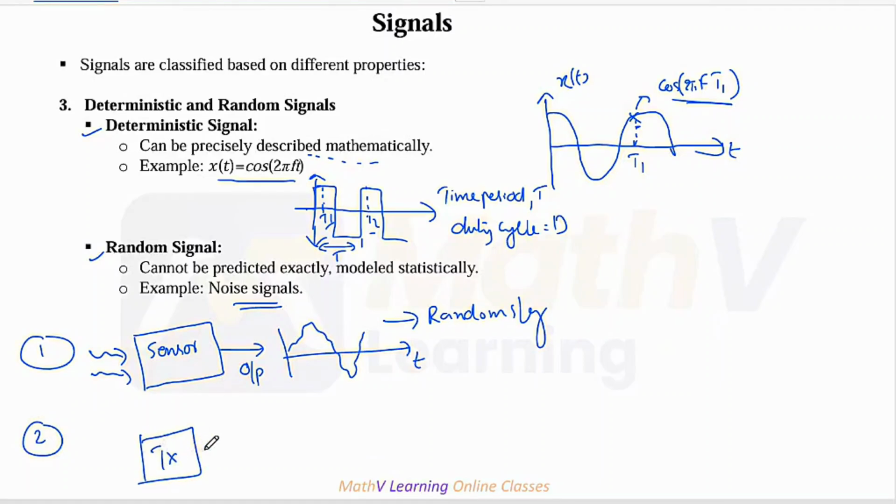Okay, signal from the transmitter, mostly it will be random. Definitely if we know what the input is, it's fine. For example, if I am always sending a signal which we know, just for synchronization, definitely it's not random. But usually, why is there a transmitter and receiver in a communication system? We are transmitting some information, right? So information is random, right? We don't know it. So again, those signals are random.